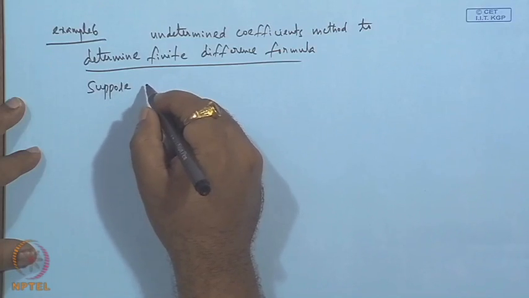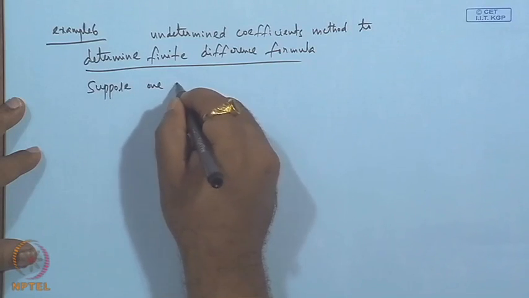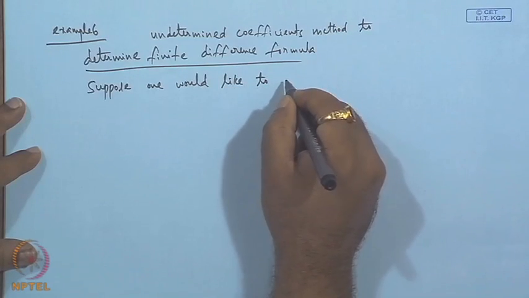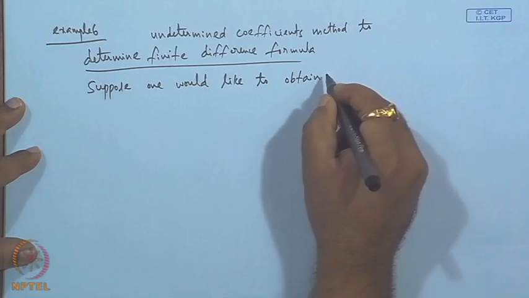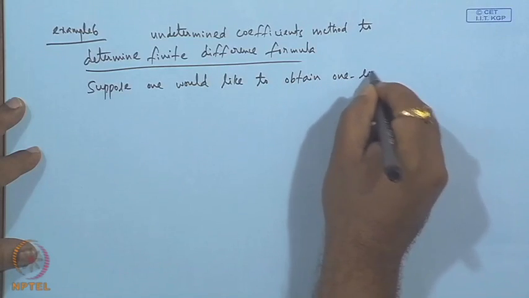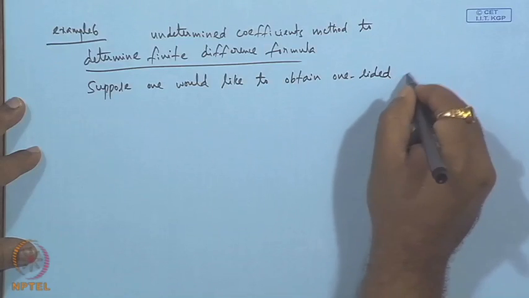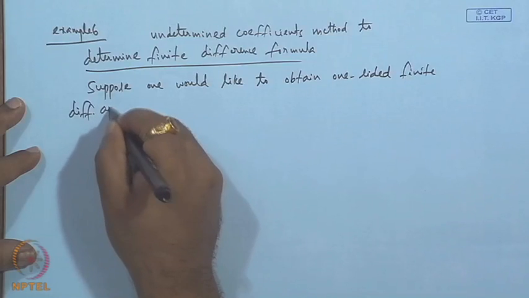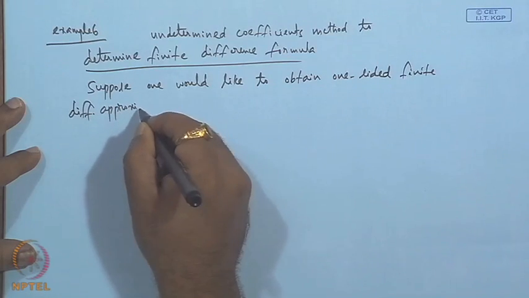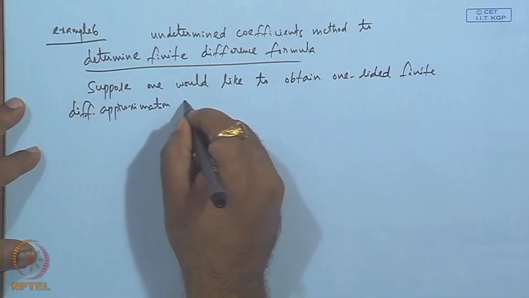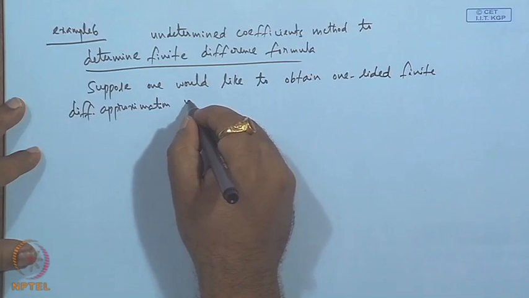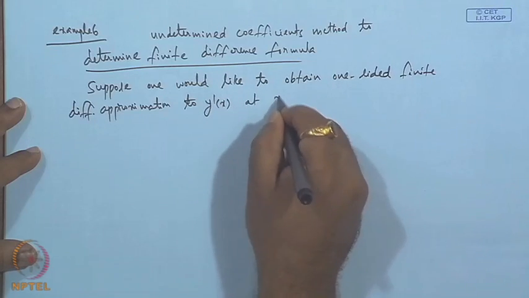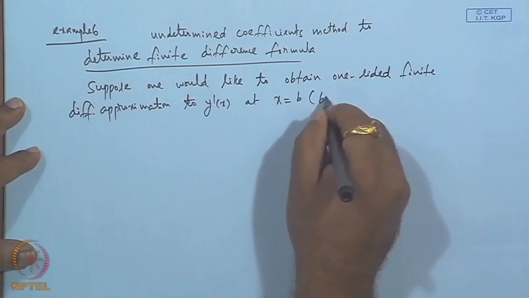Suppose one would like to obtain one-sided finite difference approximation to y dash at say x equals b, which is the boundary.